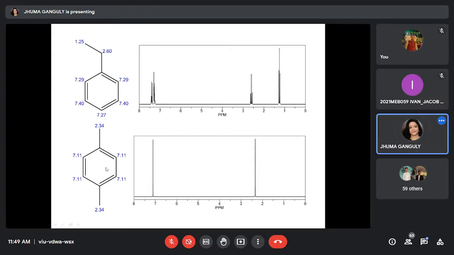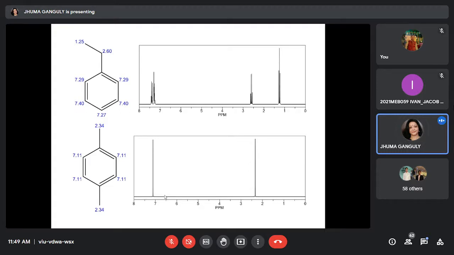We put these two groups here, both methyl. It is shifted because of this identical formation. And here also you see this is a singlet because there is no neighboring proton here. These are all identical, that's why it also appears as a singlet.